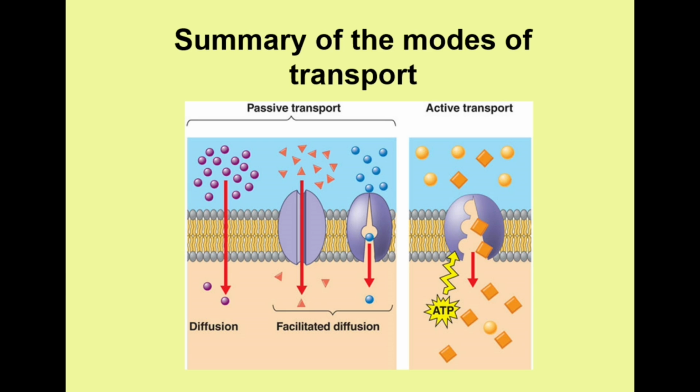Because of that, the cell has to spend energy, and that energy is called ATP, adenosine triphosphate. But don't go worrying about what ATP is and how it does what it does at the moment. This is something that I will cover with you in the not too distant future. The key is that active transport needs the cell to spend energy.